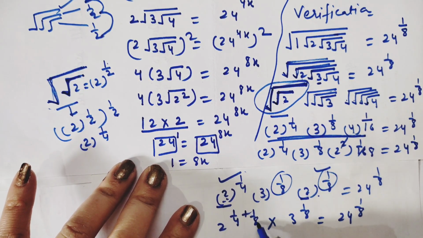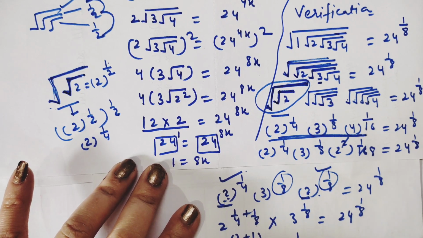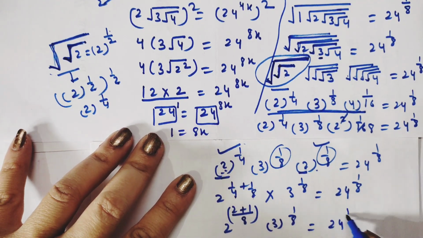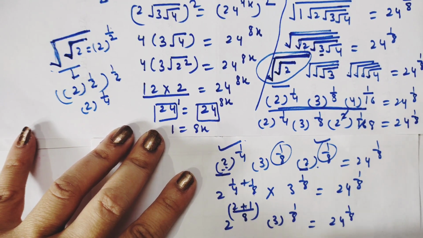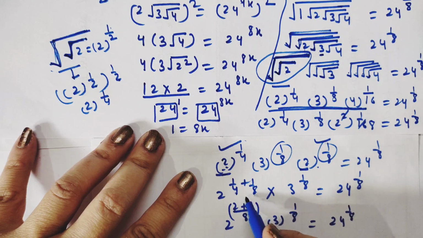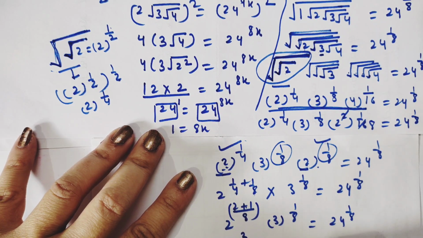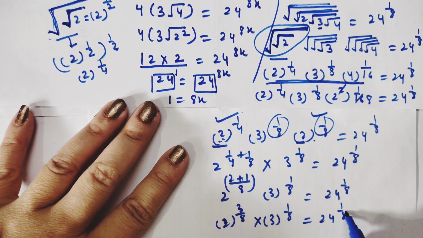So 4 twos are 8, 2 plus 1 is 3. We'll take the LCM. So 2 power 3 by 8 into 3 power 1 by 8 equals 24 power 1 by 8.